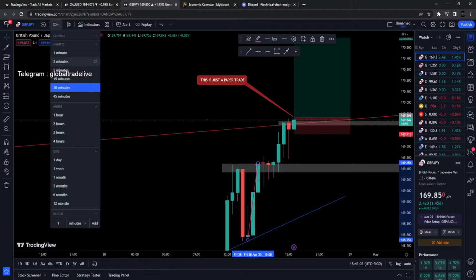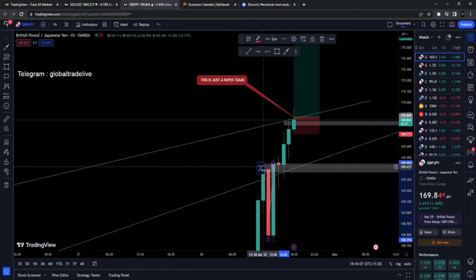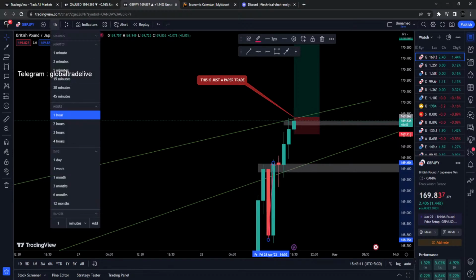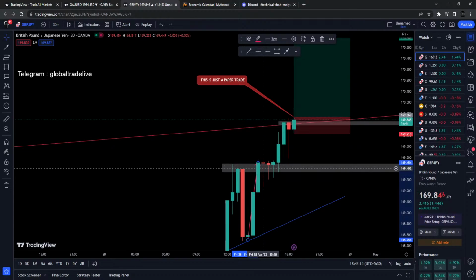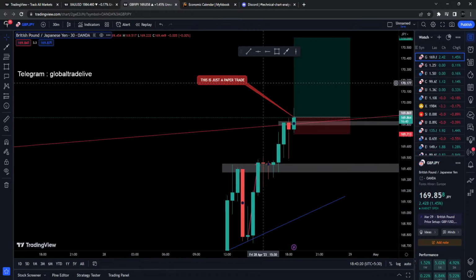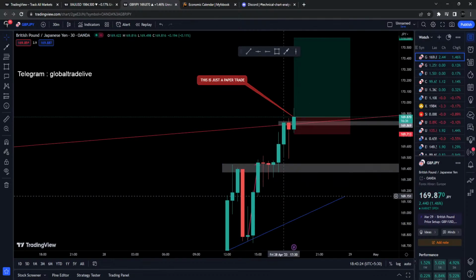But if you talk about the 1 hour, then this could be a really simple thing, right? So the thing is, whenever a move has been done, there will always be a retracement happening up. There might be a candle which could have just gone all the way up. That can be the case as well. But what are the probabilities? Let's now talk about the probabilities.